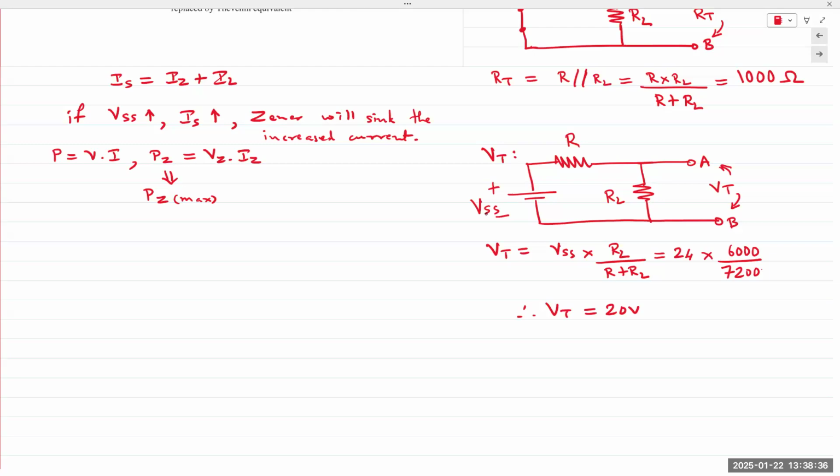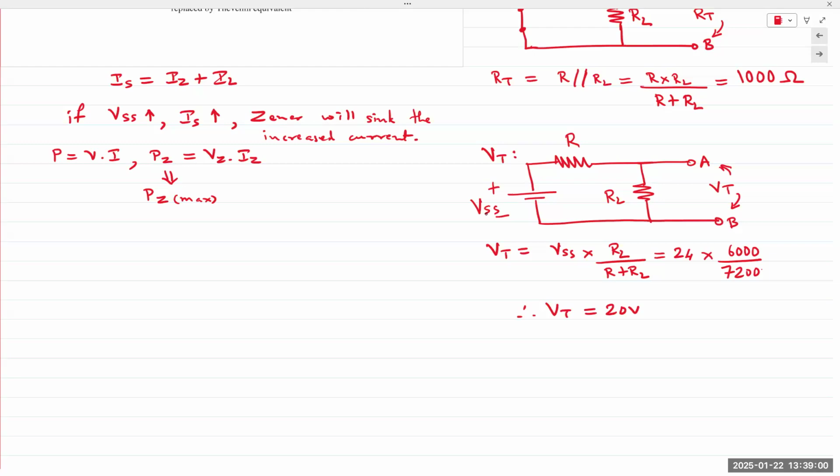It has both R and RL in that equation. So depending on the values of R and our load resistor RL, the output voltage going into the Zener diode may be lower than the Zener voltage. And if it is lower, then the Zener diode would not turn on.